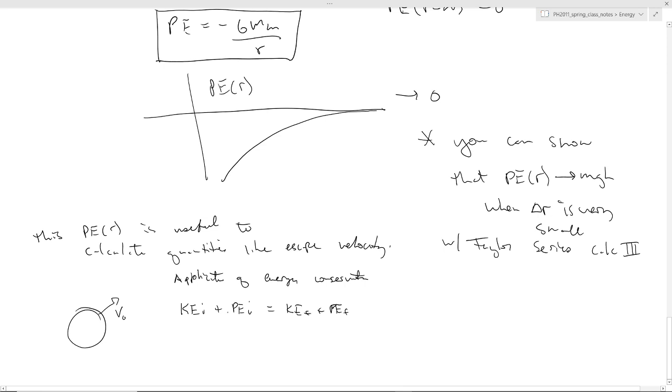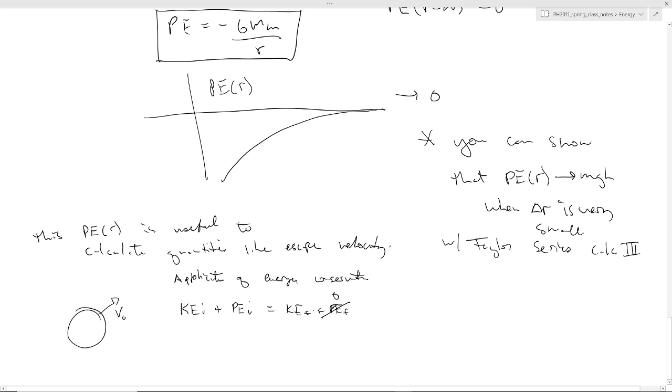And basically what this means is the potential and kinetic that you start with, when you're very far away, the potential energy is going to go to 0. Remember, like I explained up here, the potential energy when r goes to infinity is going to go to 0. The kinetic energy is also going to go to 0.